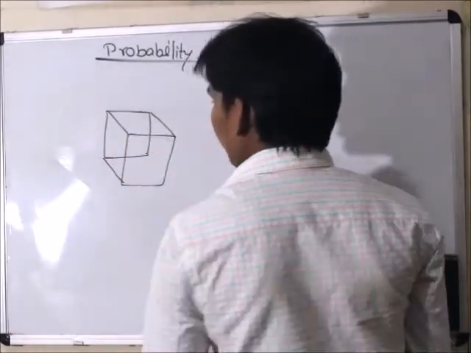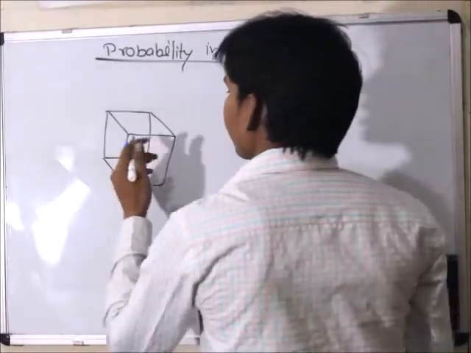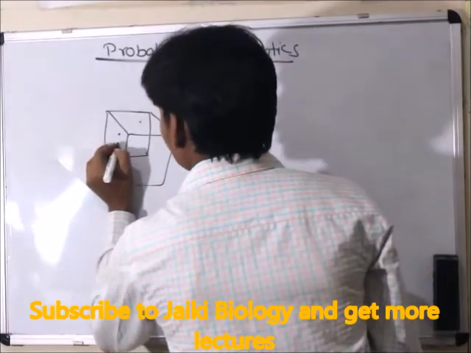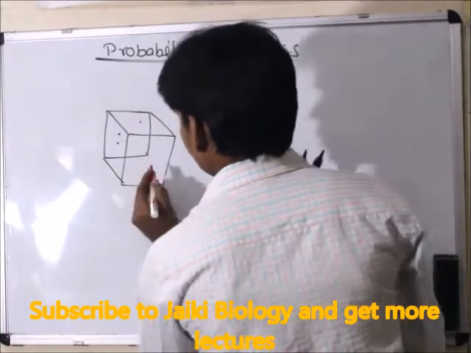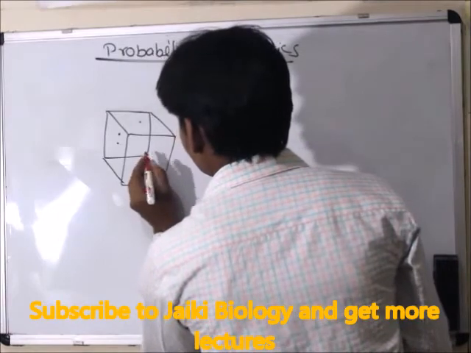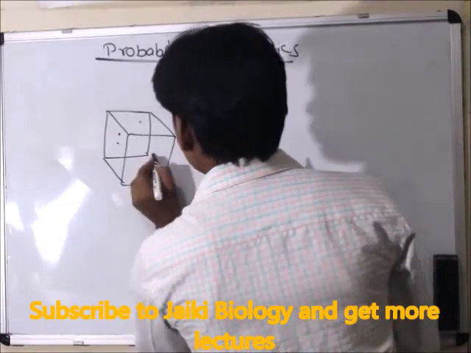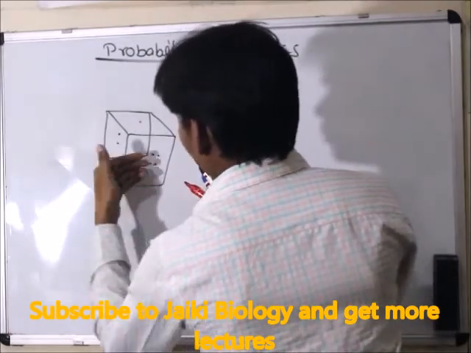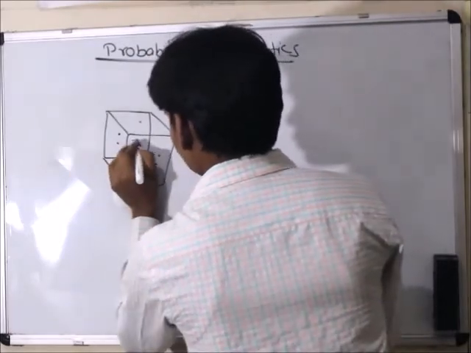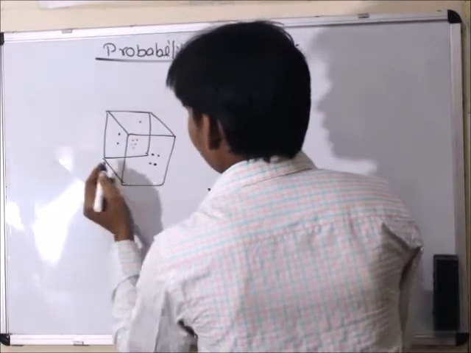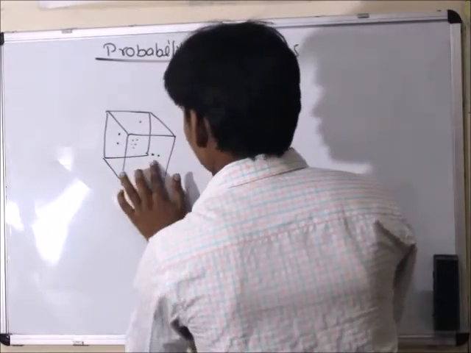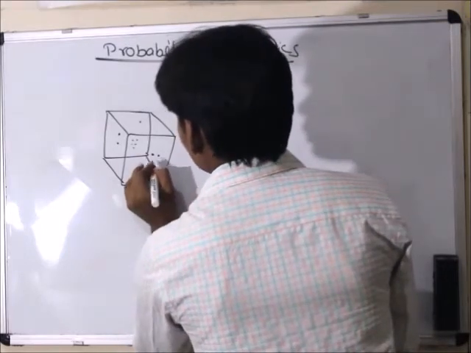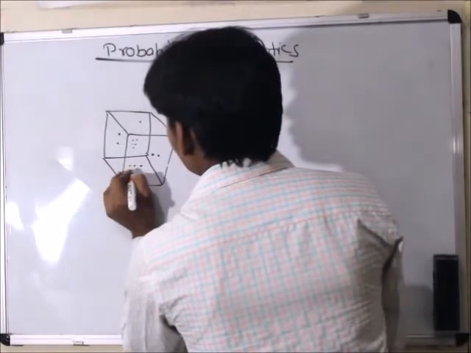When you play with a dice, you can see there is 1, the other side is 2, this is 4, and on the back this is 5, and also 6. So it is 1, 2, 3, 4, 5, 6.